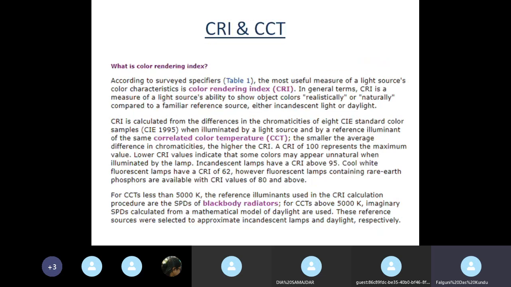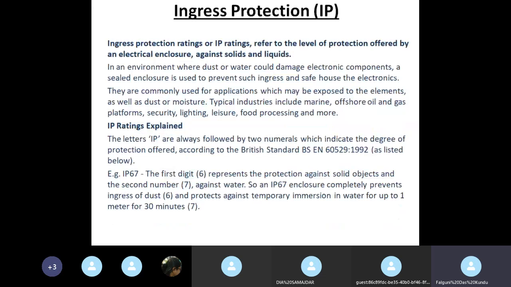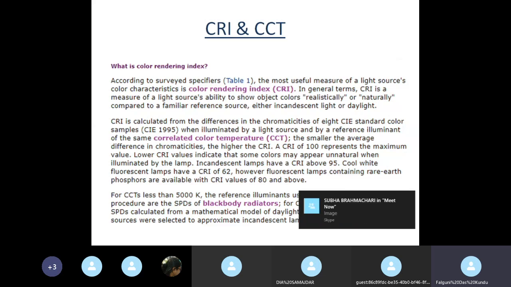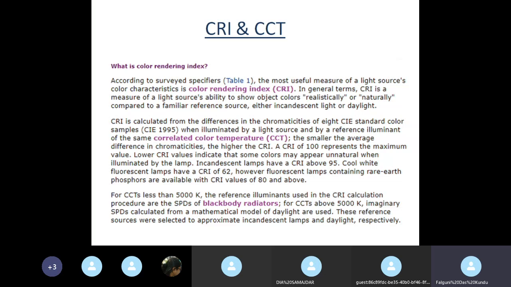Now we are going to discuss what CRI and CCT are. Give the table 1. Okay, first we discuss CRI and CCT. According to the surveyed specifiers, the most useful measure of a light source's color characteristics is the color rendering index, abbreviated as CRI.